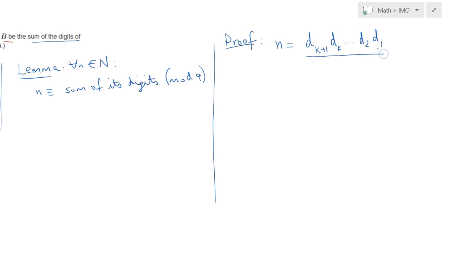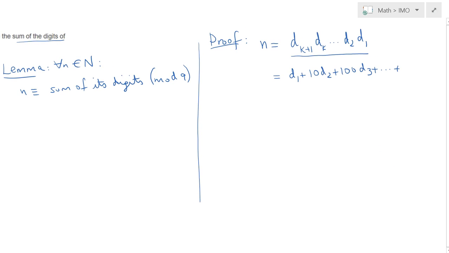Because this is a decimal representation, we can expand it in the usual way. That's simply equal to d1 plus 10d2 plus 100d3, all the way up to 10 raised to the power k times d sub k plus 1.